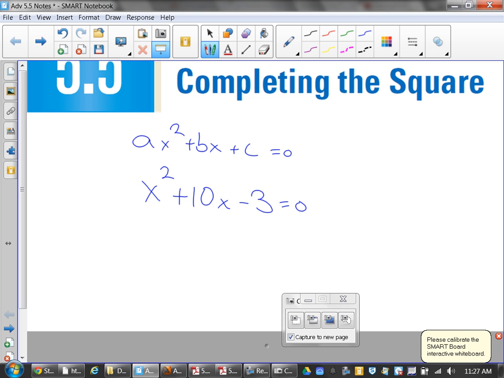Whereas completing the square is a very simplistic process to solve any quadratic, to get your 0. You can use any quadratic to complete the square. Whether or not you can factor it, it still works.